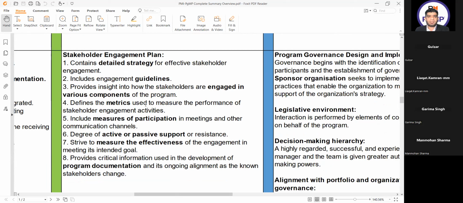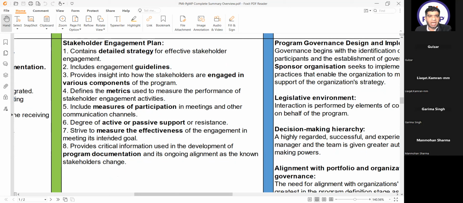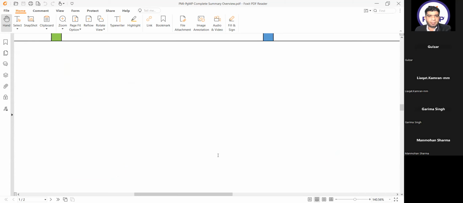It defines the metrics used to measure the performance of stakeholder engagement activities, including measures of participation in meetings and other communication channels, and degree of active or passive support or resistance. It strives to measure the effectiveness of the engagement in meeting its intended goal. It provides critical information used in the development of program documentation and its ongoing alignment as known stakeholders change.